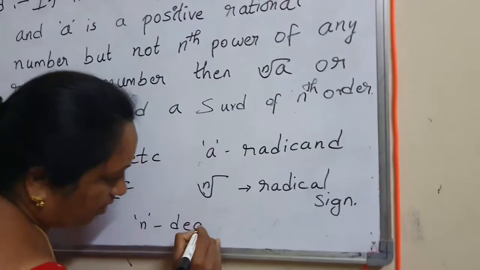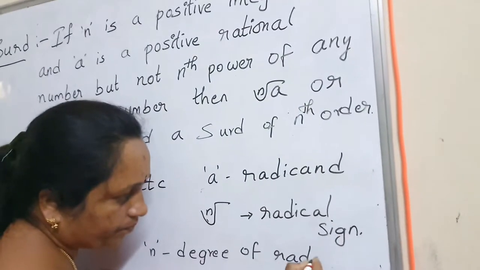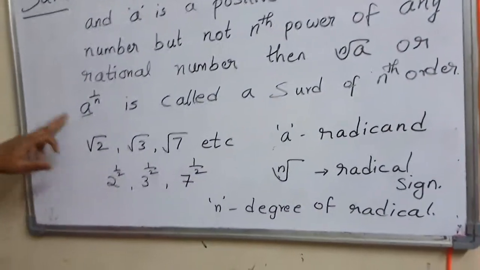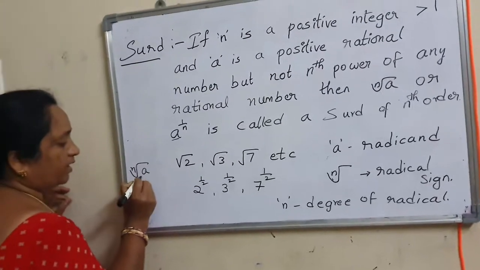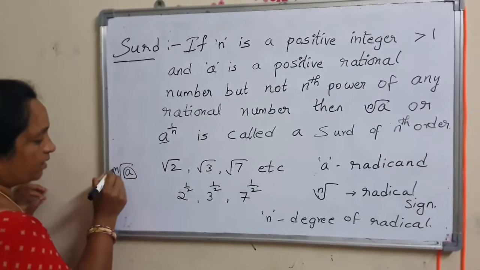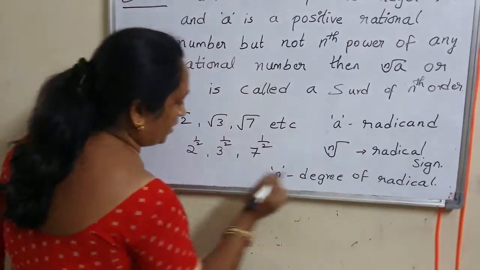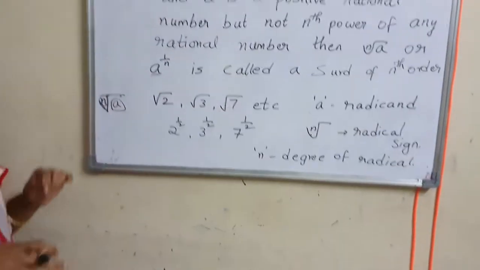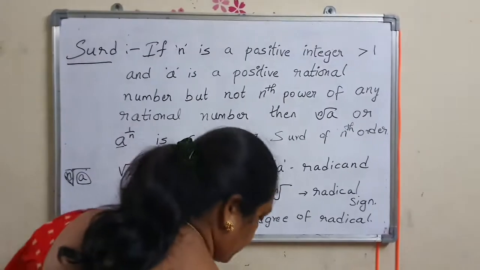So here in the nth root of a, a is called the radicand, the root symbol is called the radical sign, and n is the degree of the radical. Now let us see a few examples regarding this.